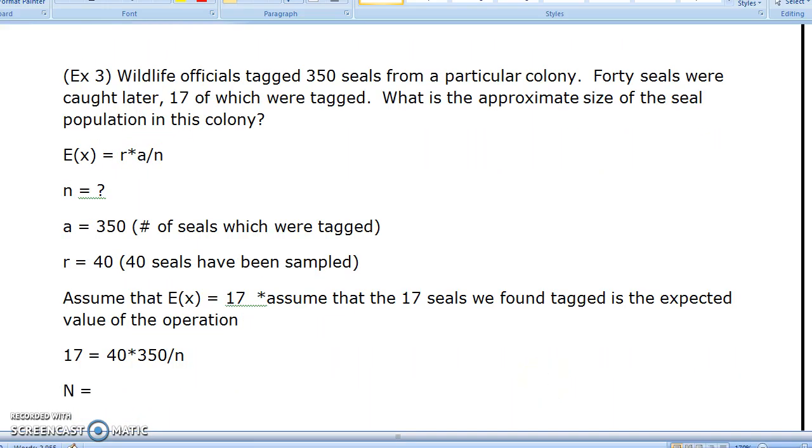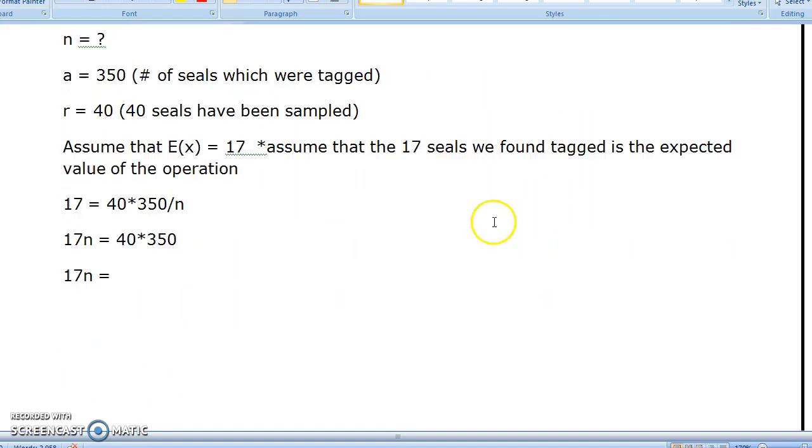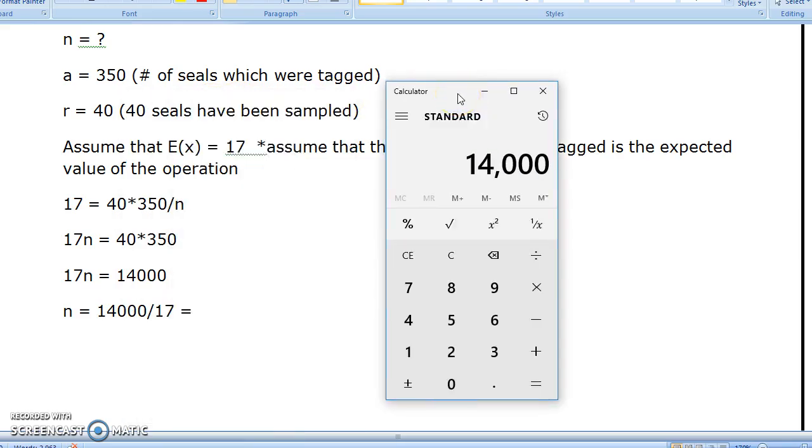So let's bring n to the other side. 17n is 40 times 350. 17n therefore is 14,000. And then n is equal to 14,000 divided by 17, which is 823.53.